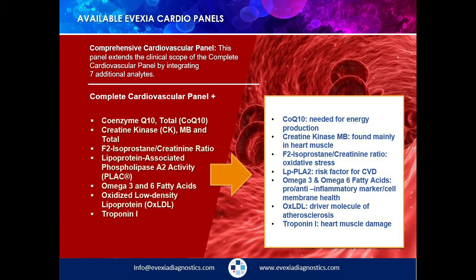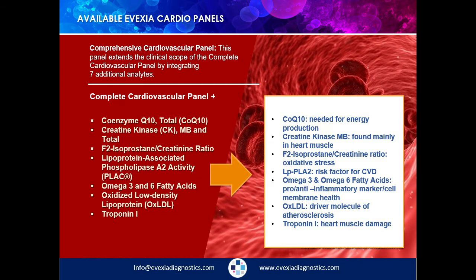Next is the F2 isoprostane creatinine ratio. Now, this analyte, the F2 isoprostane, is produced in conditions that result in excess generation of free radicals, which can lead to atherosclerosis. Essentially, this analyte is going to give you the measurement of oxidative stress, which can damage the endothelial lining of the blood vessels.